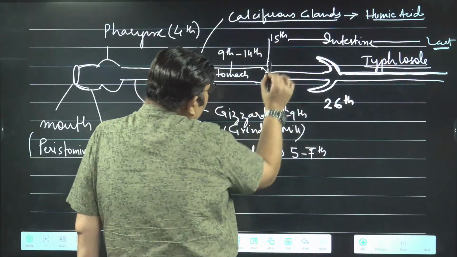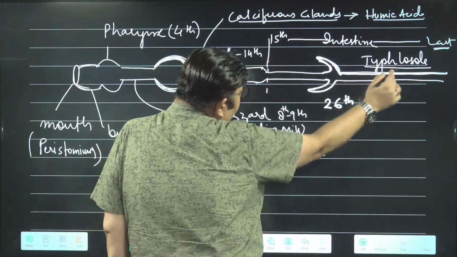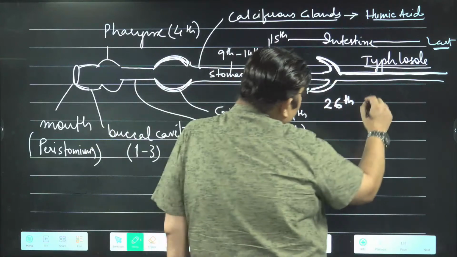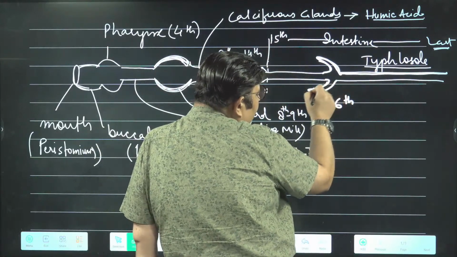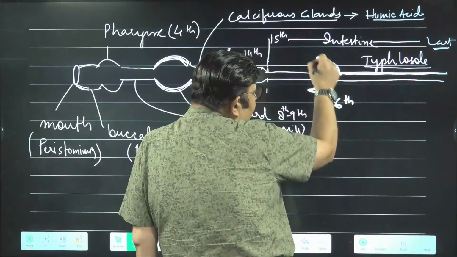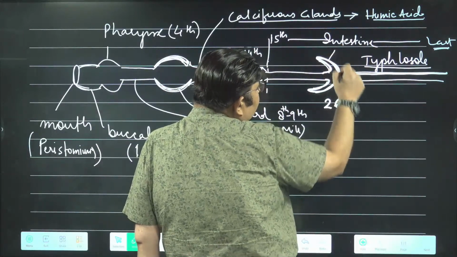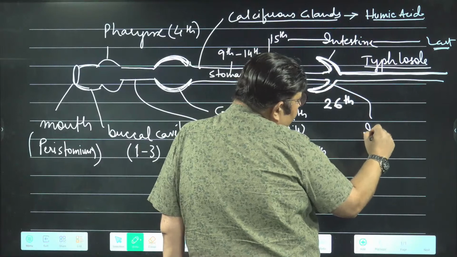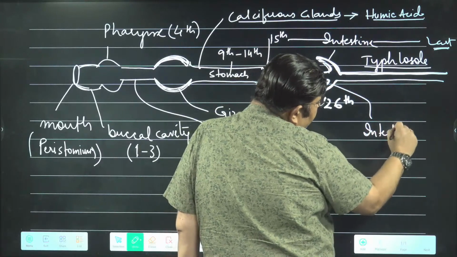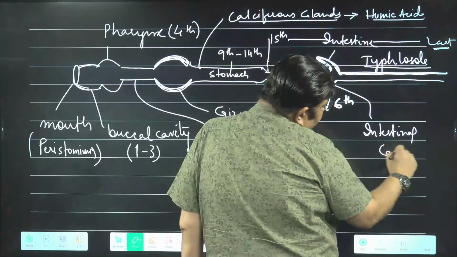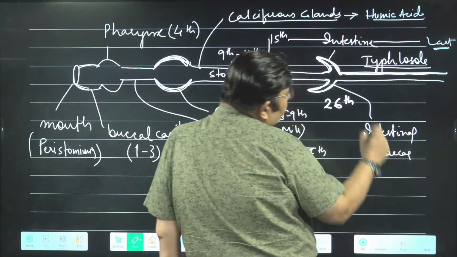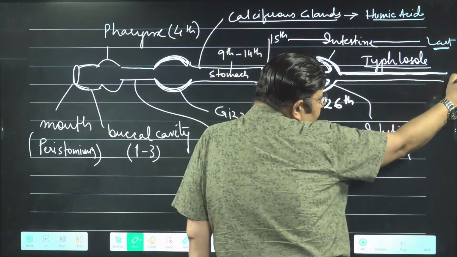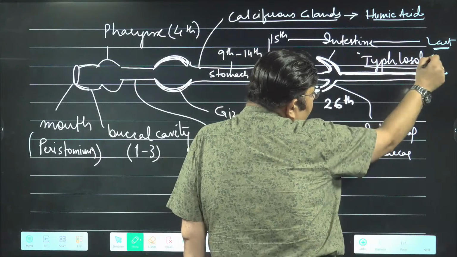From the 15th to the last segment is the intestine. At the 26th segment, we have these conical projections which are called intestinal caeca. And from there, except the last 25, the typhlosole is present.